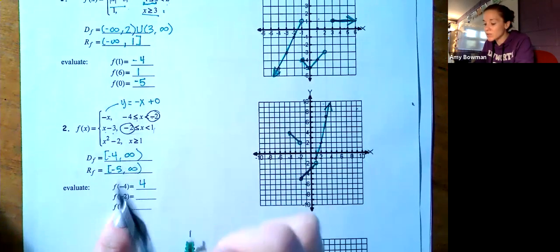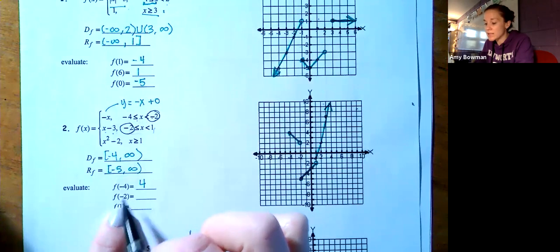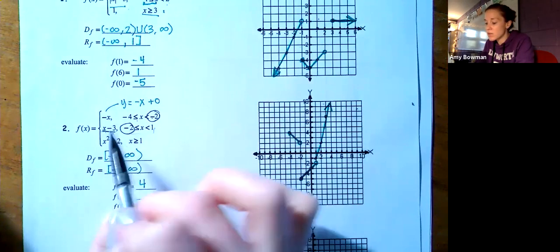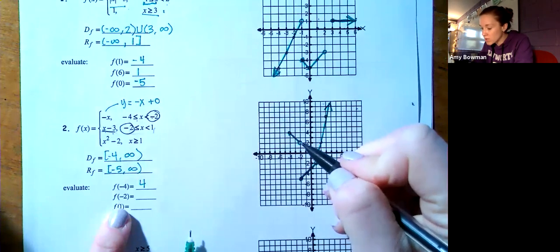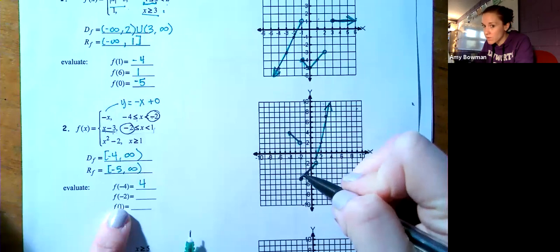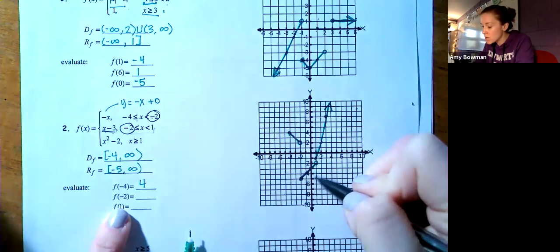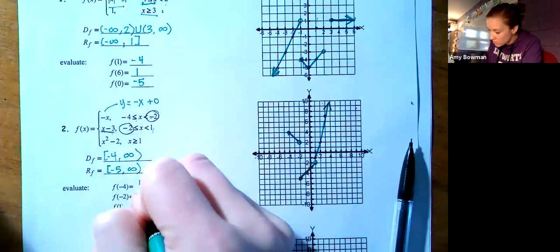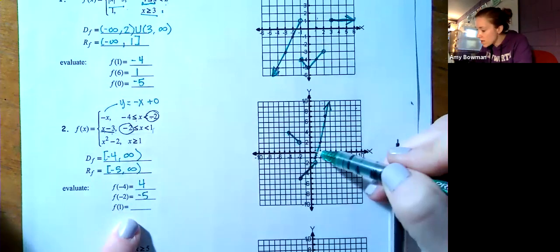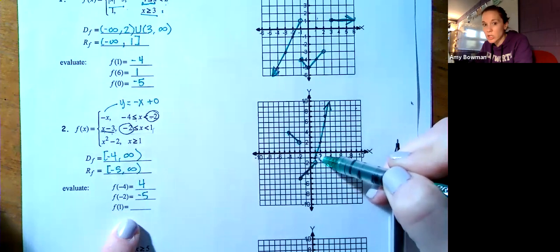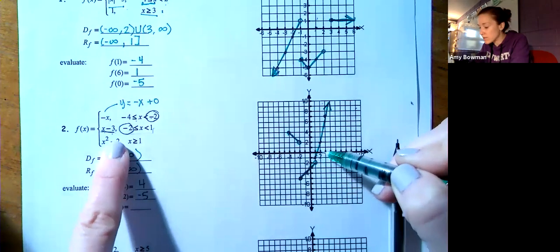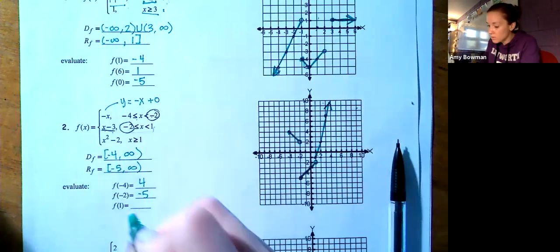So the answer to f of -2 is coming from this middle equation, because that's the filled in circle. It's an open circle here on this line, which means that's not the answer. It's where it's filled in that's the actual function value. So -5. And then f of 1, same thing. The answer to that is the filled in circle, the one that's including 1, which is coming from this last one, of -1.